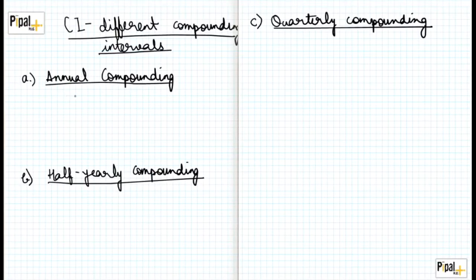So let us look at a situation where the compounding frequency or compounding intervals change. The example that we've been looking at so far is a principal of 100 rupees, and the rate of interest, ROI, for all of these cases is 12% per annum.